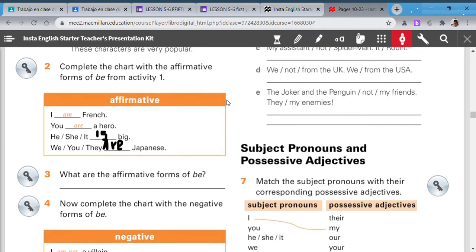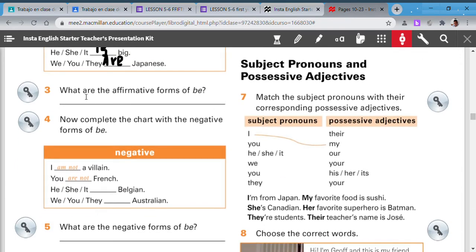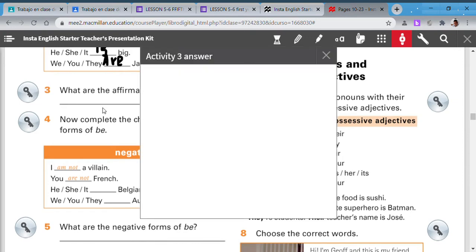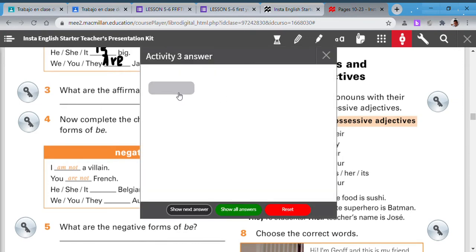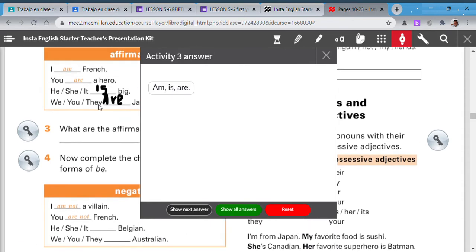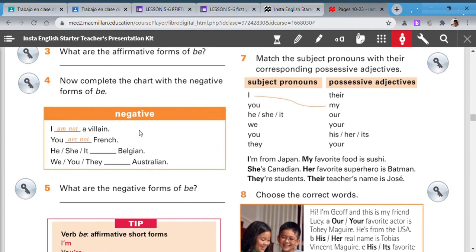Now let's continue. Here it says, what are the affirmative forms of be? Am, is, are, as you can see here. Now it says, complete the chart with the negative form of be.